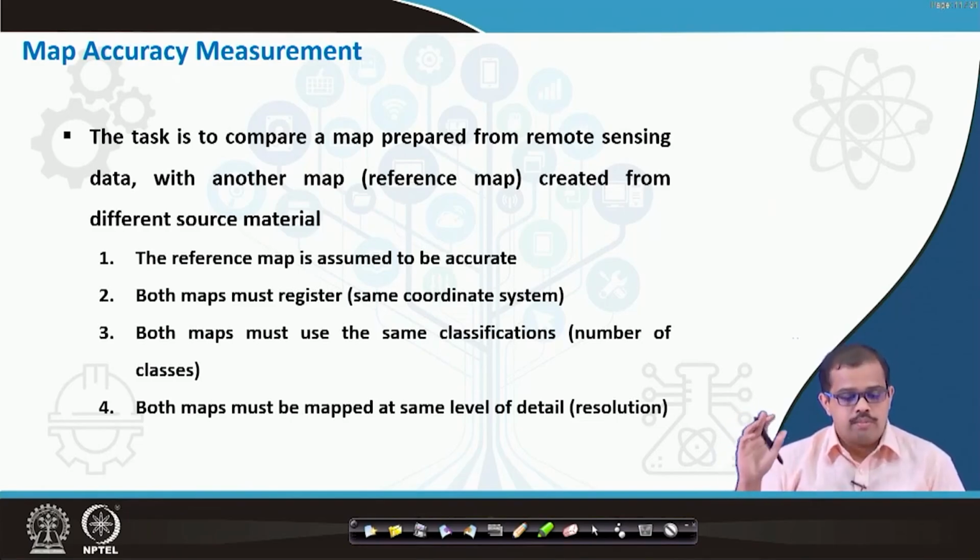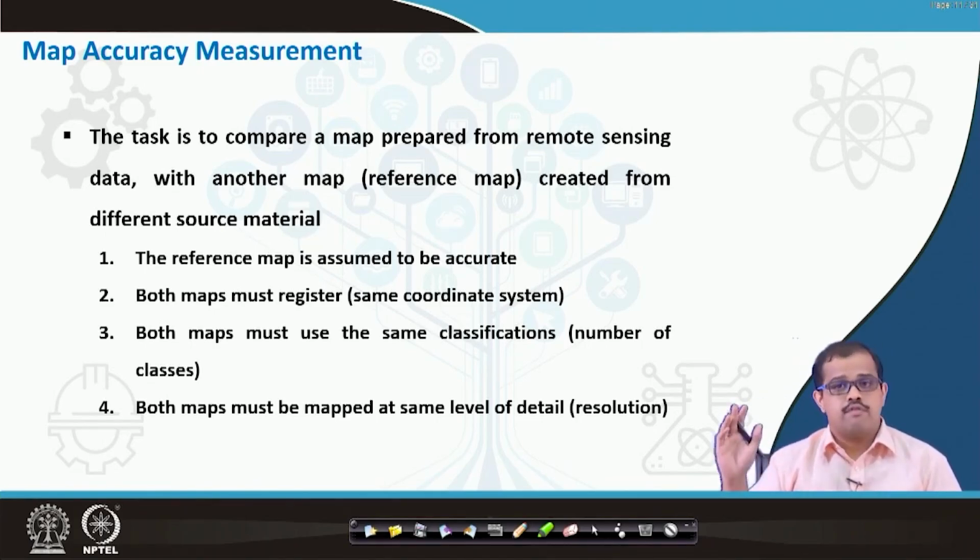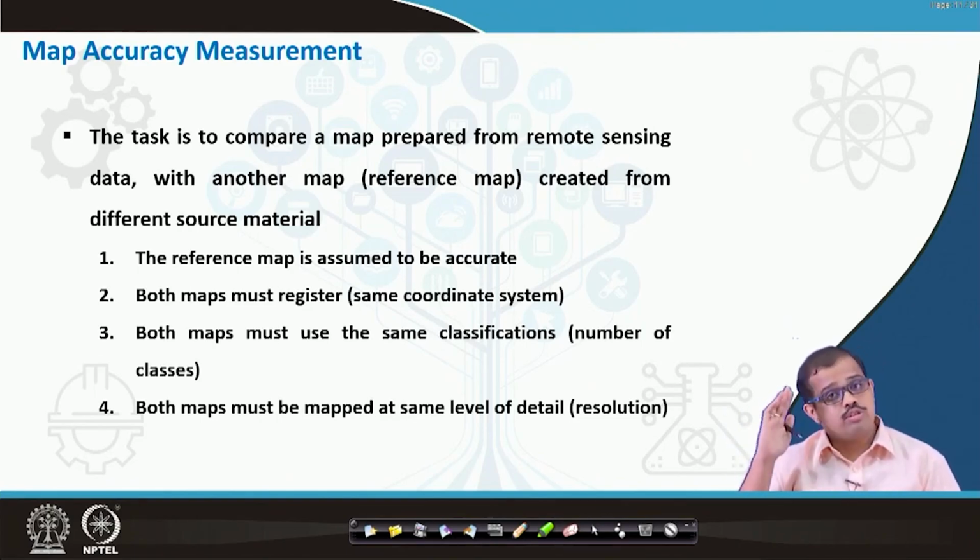Both maps must be of the same classification. If you have used 4 classes, where the first class is urban, second is water, third is vegetation, and fourth is others, then the other map also should be of the same 4 classes, if you have to compare the accuracy, and both maps must be mapped at the same level of detail.